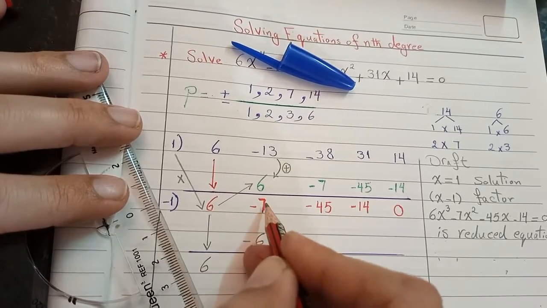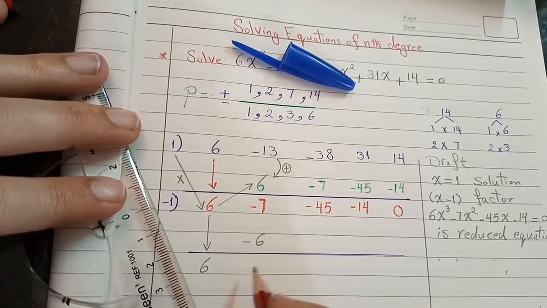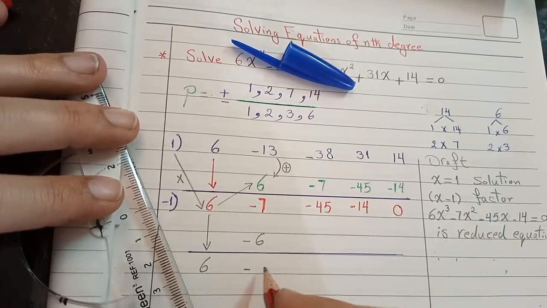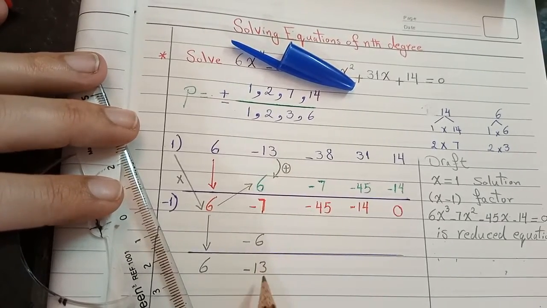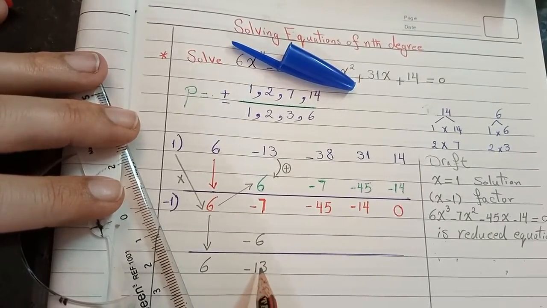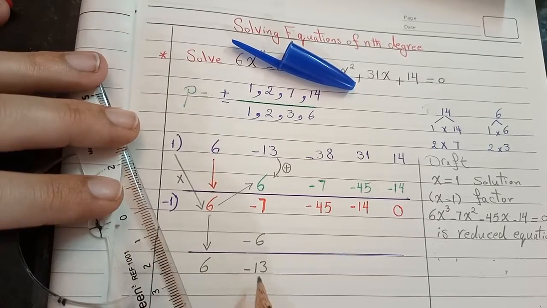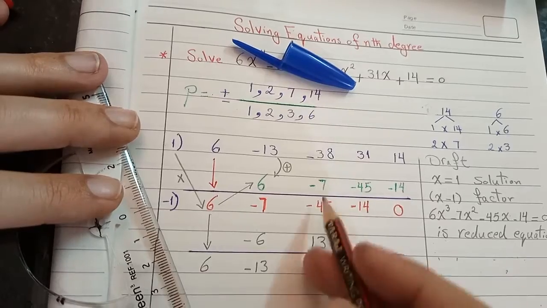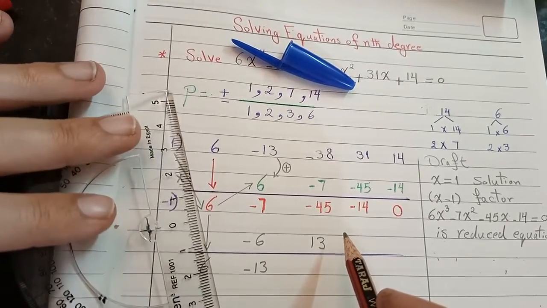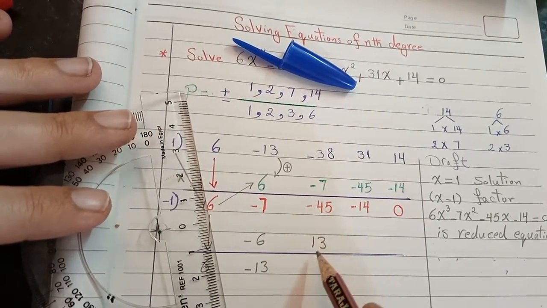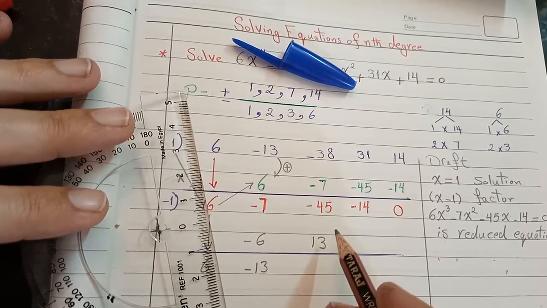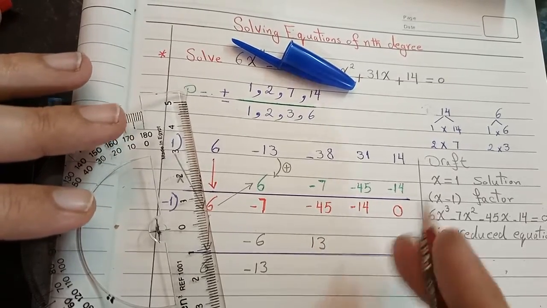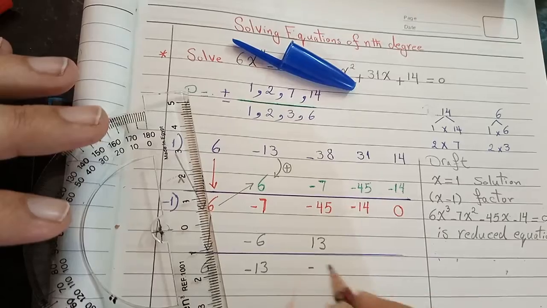If you add -7 plus -6, you get -13. And then you multiply this number by that number you're trying. -13 times -1 is +13. You write that here. You add -45 plus 13, which is -32.